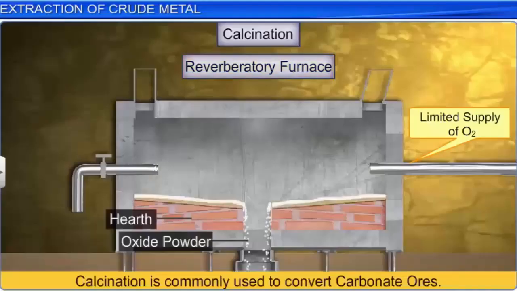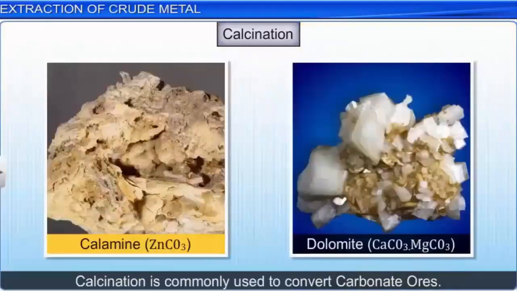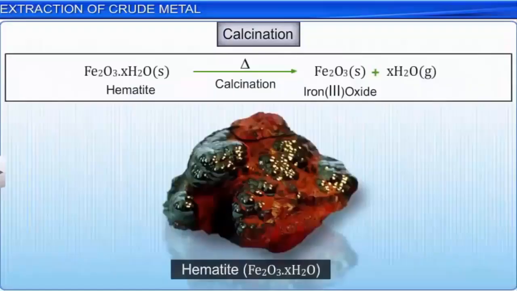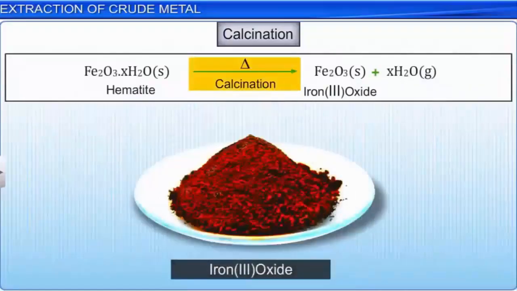This method is commonly used to convert carbonate ores, such as calamine and dolomite, into their oxides. Also, the hydrated ores lose water of crystallization during calcination.